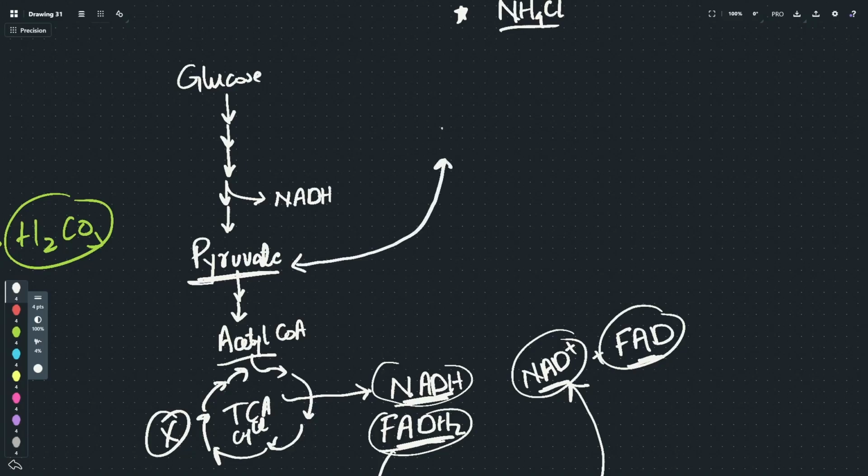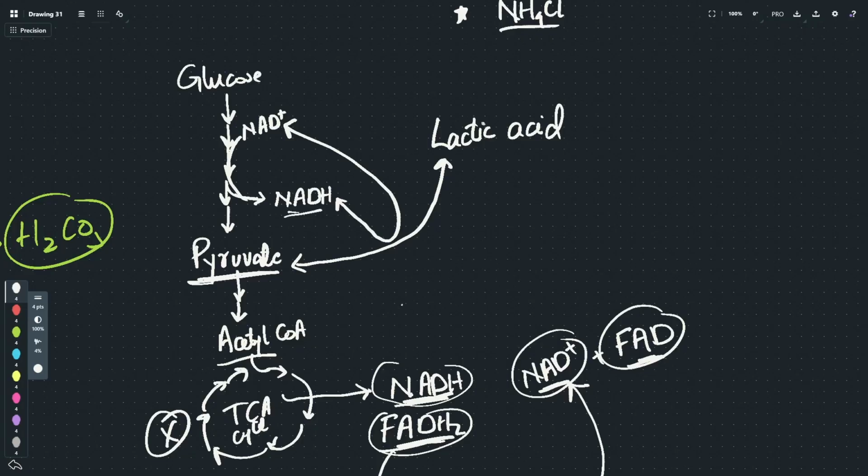It can convert this pyruvate into lactic acid, and while doing so, it will use NADH and convert it into NAD positive, which can again form this NADH. So pyruvic acid will be converted to lactic acid by utilizing this one. So it is not dependent upon oxygen.